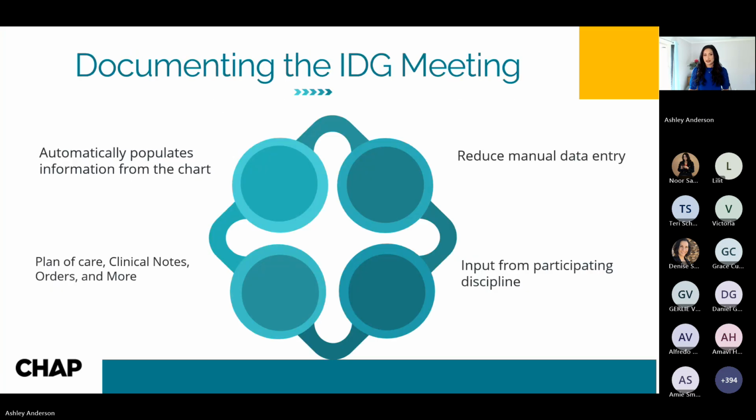Right. And this just reiterates what we've already discussed, right? So you're documenting in an IDG meeting, most of the items in an IDG should automatically populate. When we talk about that, that's more so frequencies. So in the software, whatever the last applicable frequencies are should pull forward.